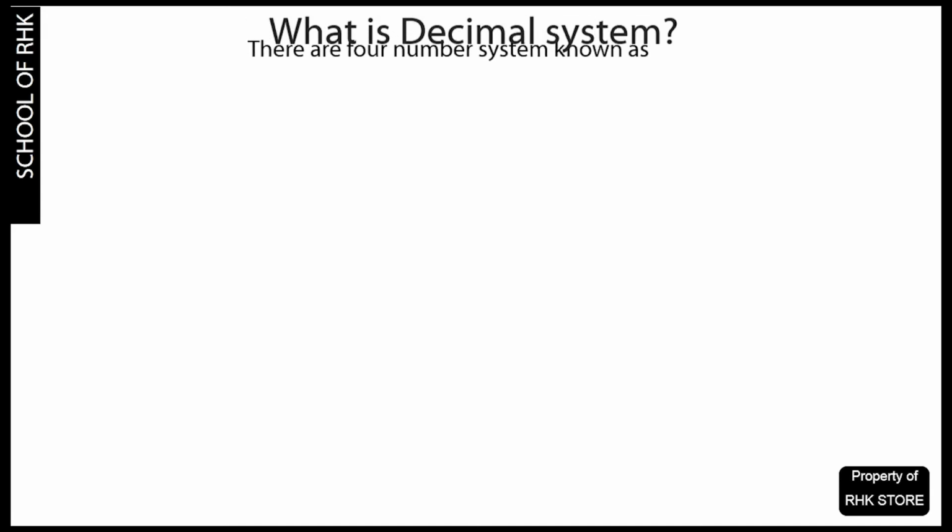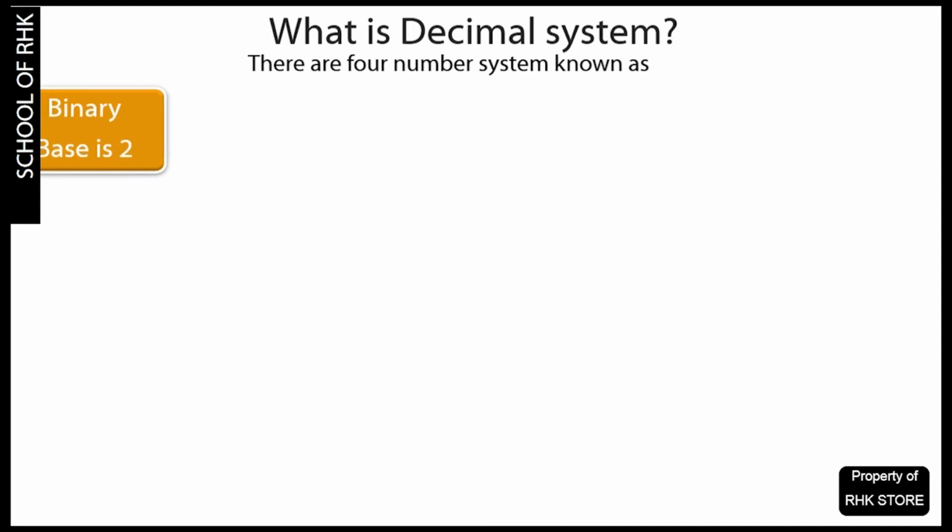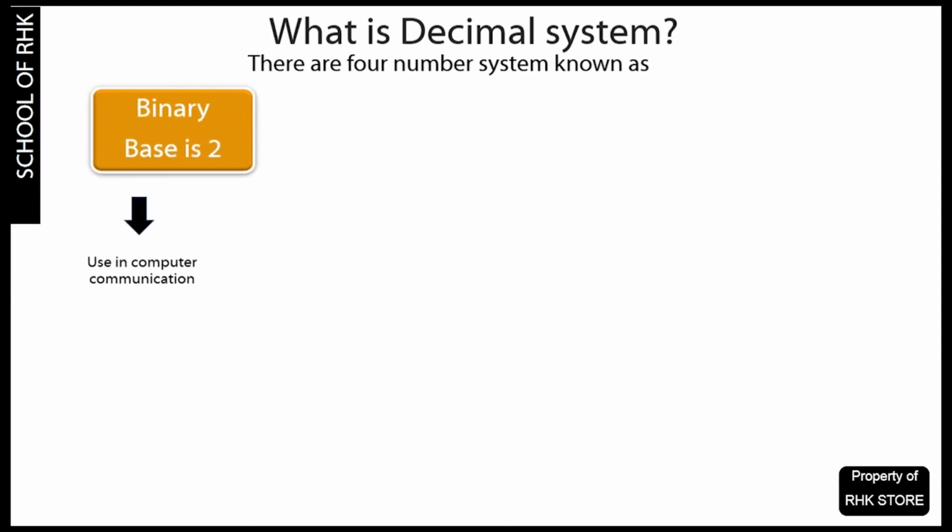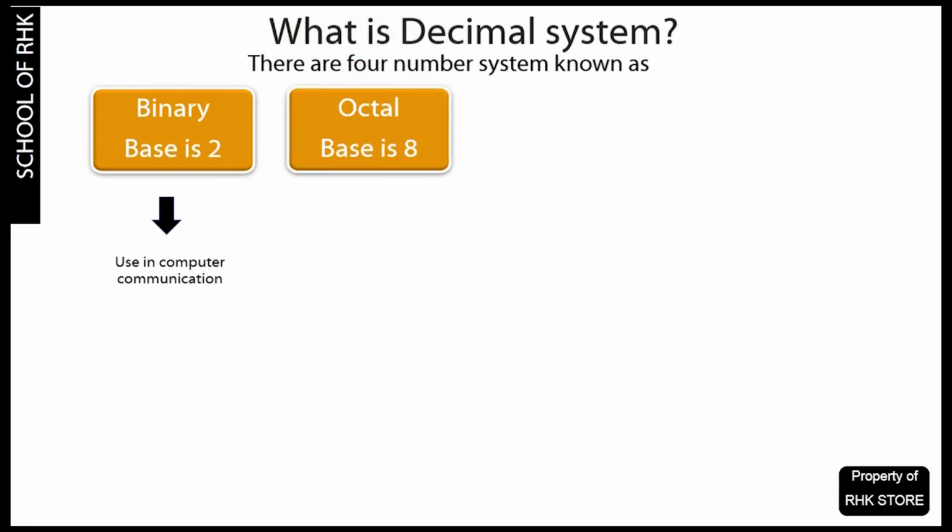First, we will try to understand what is decimal system as a part of number system, and secondly, the powers of 10 shorthand. In the numeric system, each number is represented by its base. There are 4 number systems known as a binary number system if the base is 2. One of the use is computer communication. An octal number system if the base is 8.